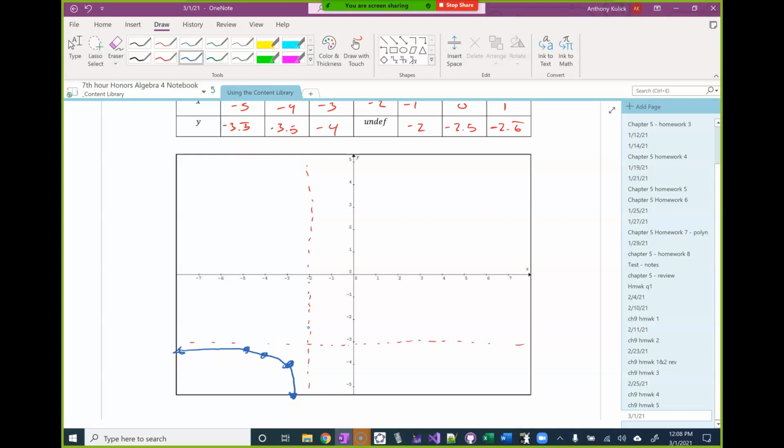And we'll go and do the other one. So I have -1, -2, 0, -2 1/2, and then 1, -2 2/3. So I could just go and do the other.